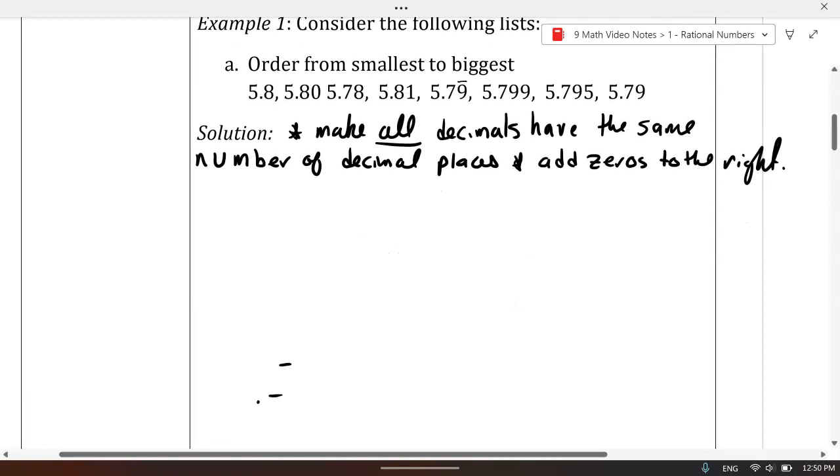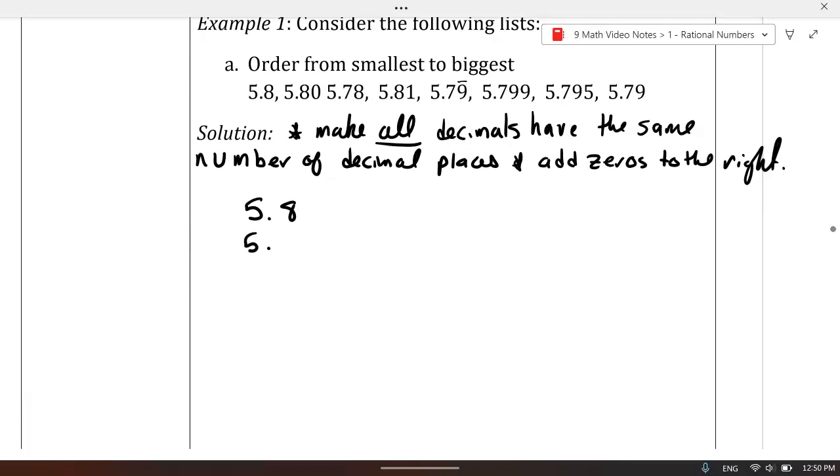So what I'm going to do right now is just write down all these numbers. So 5.8, and I'm going to be a little bit intentional about lining up the decimal places. So 5.80, 5.78, 5.81, 5.79 with a line on top.